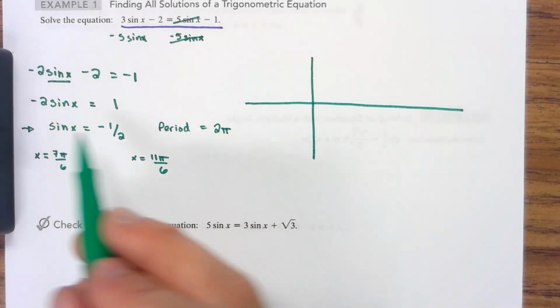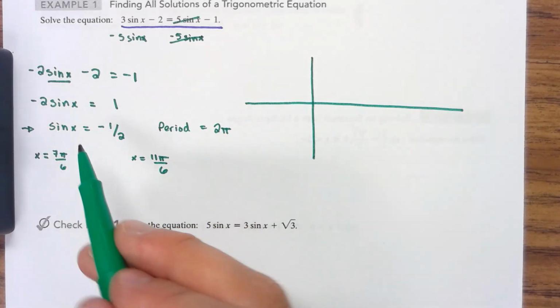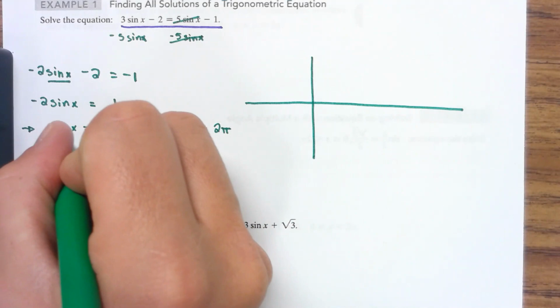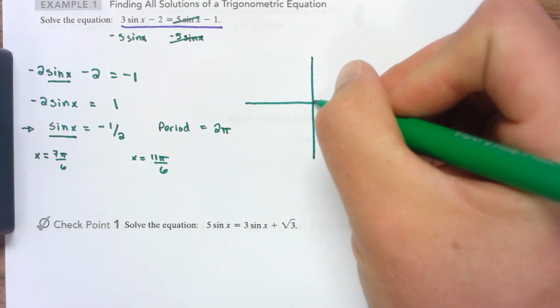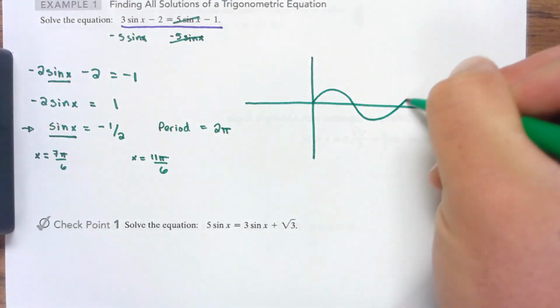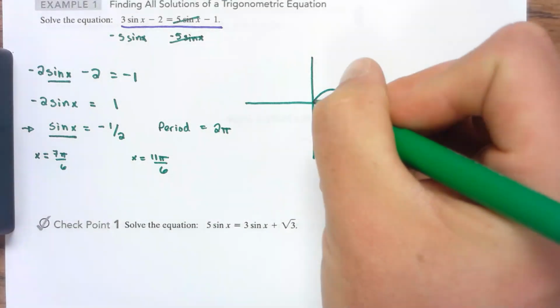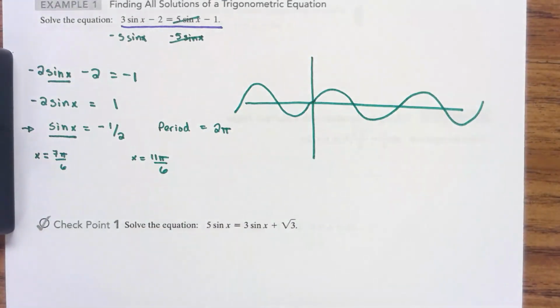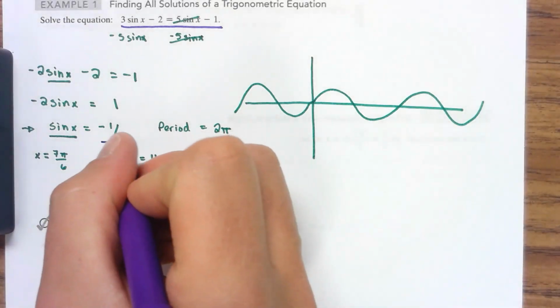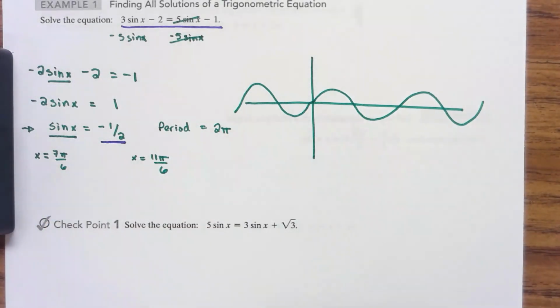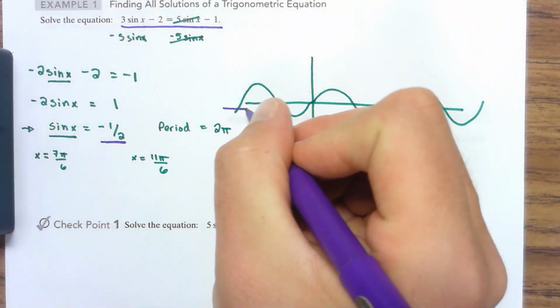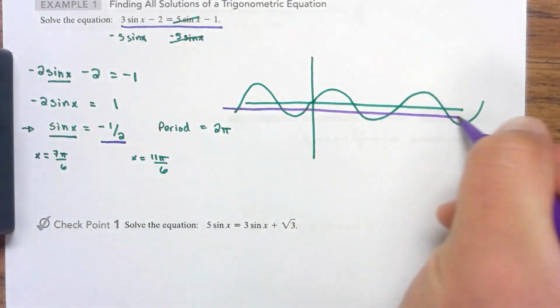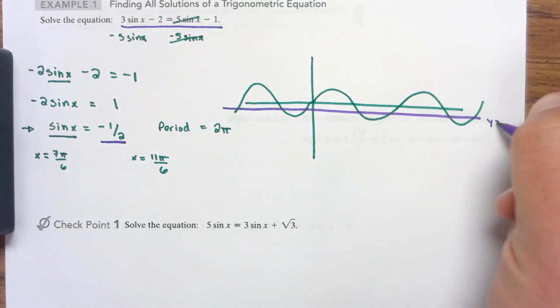If I'm solving sine of x equals negative 1/2, we're basically trying to figure out where does sine of x, so I'm just going to draw a quick sketch of sine, just that little squiggly, intersect with whatever the right side equals. And the right side being negative 1/2, that's a horizontal line. That's essentially y equals negative 1/2. So that's going to be this horizontal line right here, y equals negative 1/2.